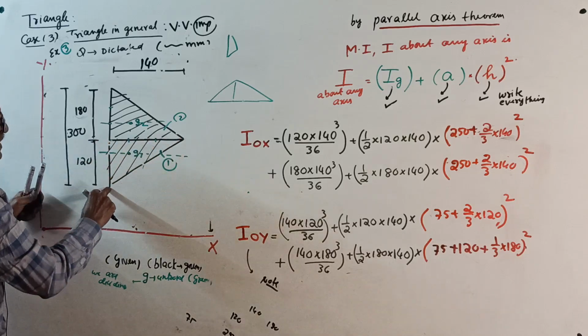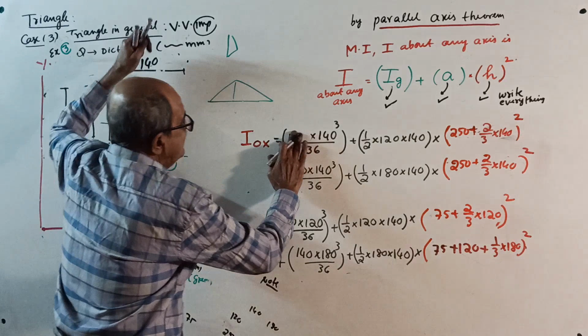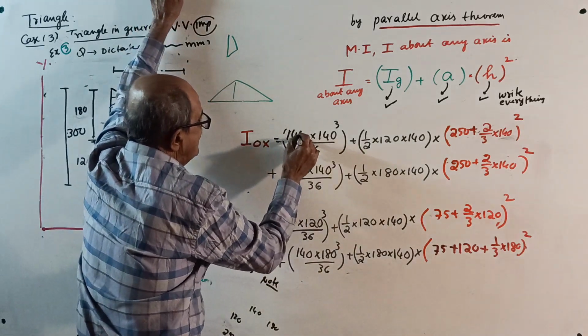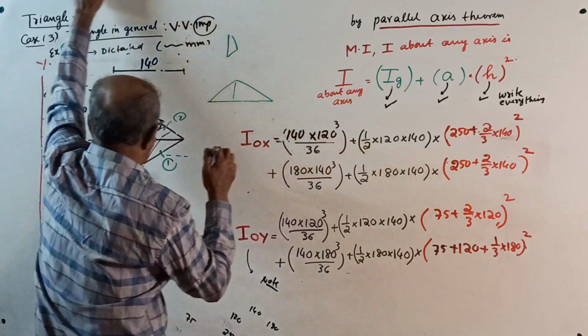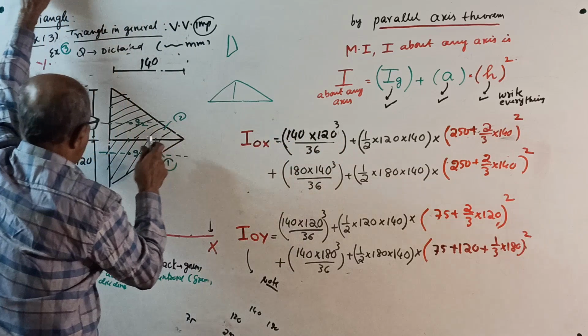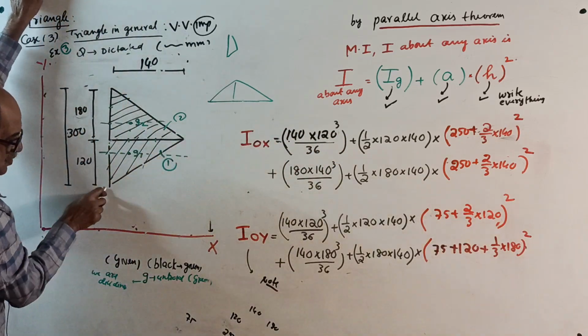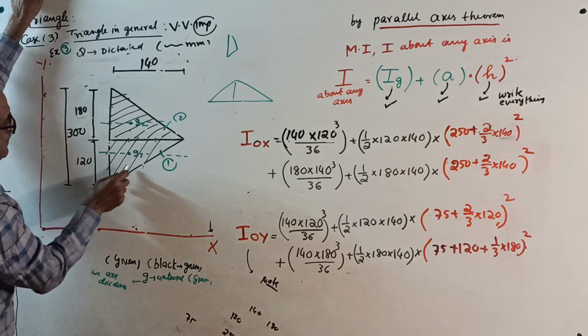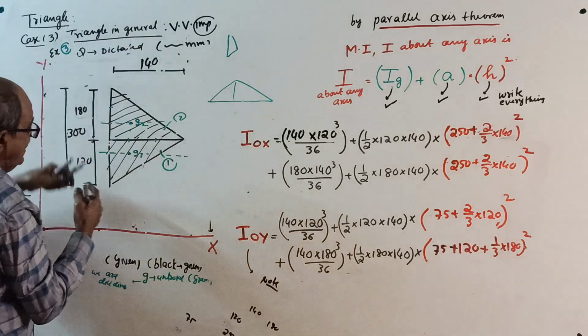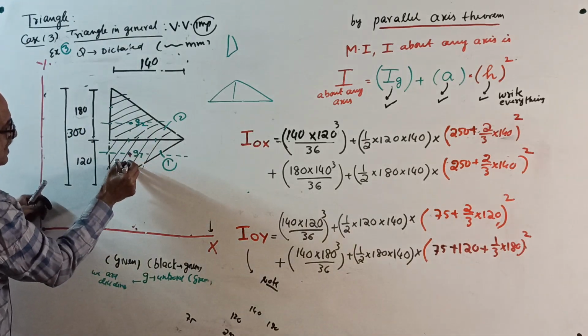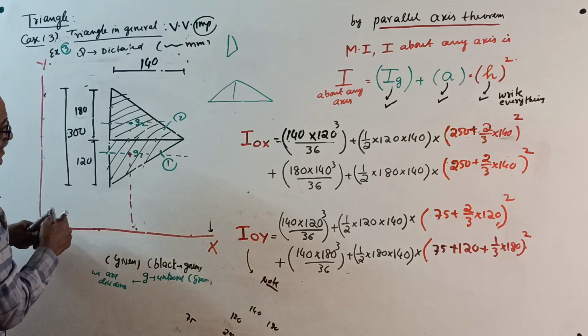140 into 120 cube by 36. You should not do this way. 140 into 120 cube, 140 correct, by 36 plus area, half into 120 into 140 into, see, from the centroid to here, this distance square. How much is this distance?